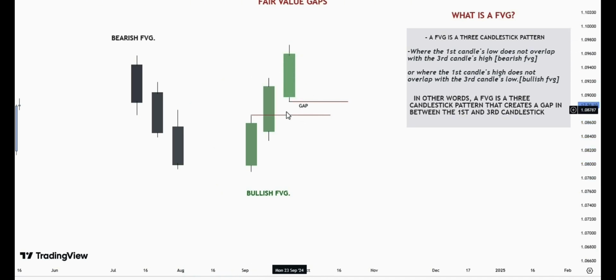Same thing with this other one. So your main focus will be the wicks, if they are overlapping or not. If it overlaps, then you know that it's not a fair value gap.